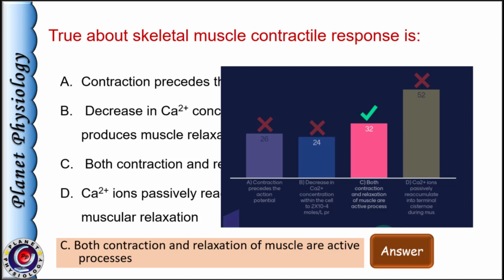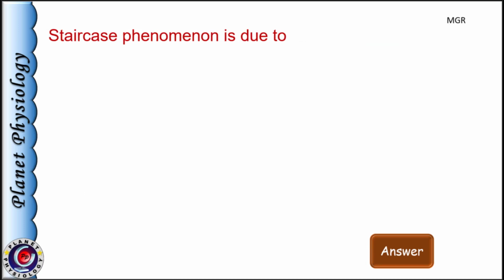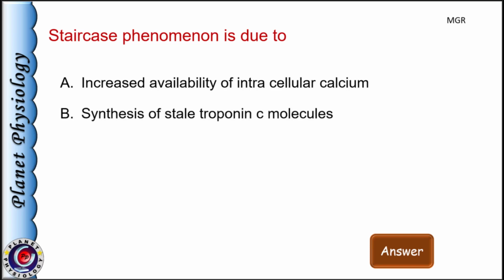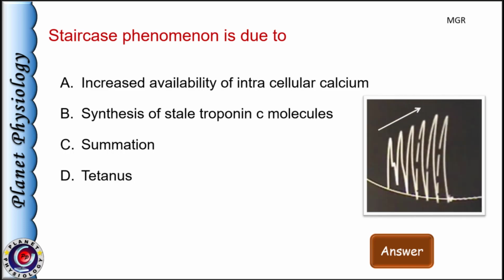Next question again from MGR University. Staircase phenomenon is due to A. Increased availability of intracellular calcium, B. Synthesis of troponin C molecules, C. Summation, and D. Tetanus. Okay, so this record shows the staircase phenomenon recorded in frog's muscle.